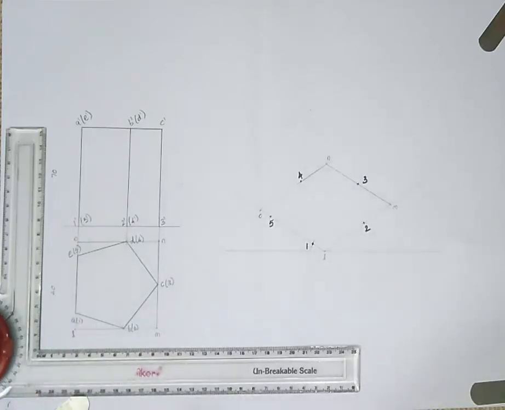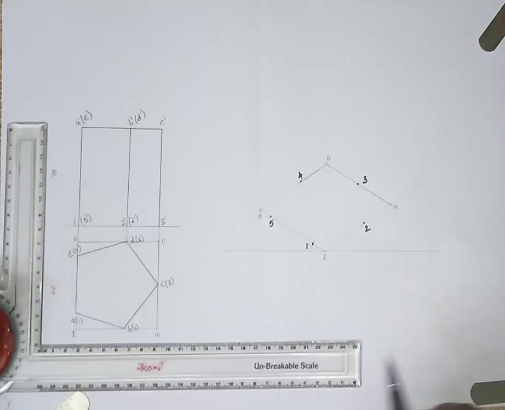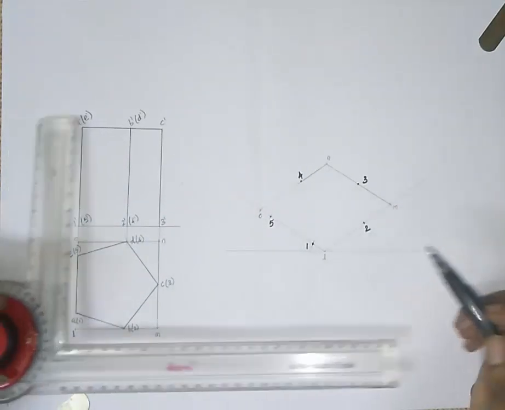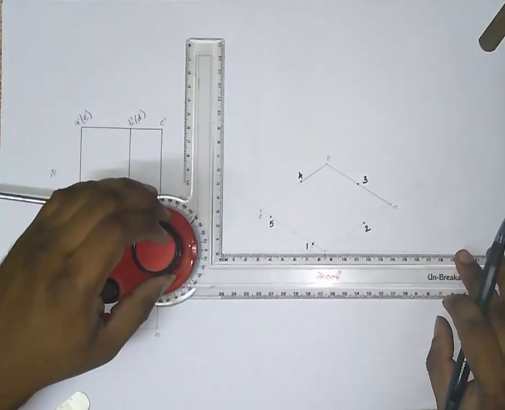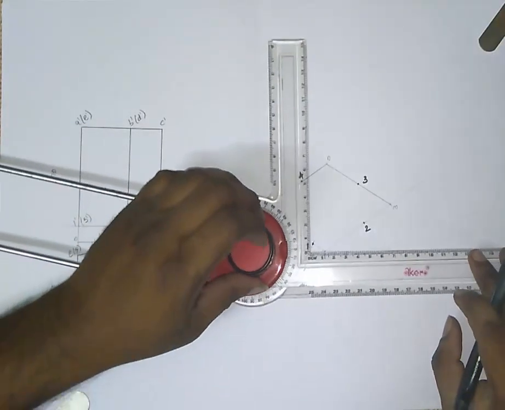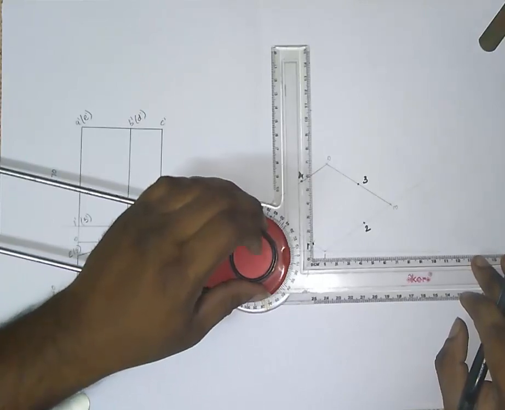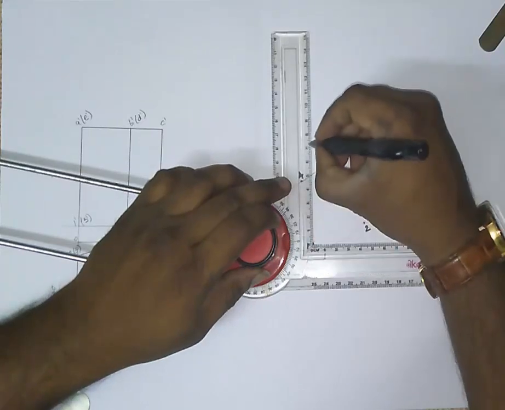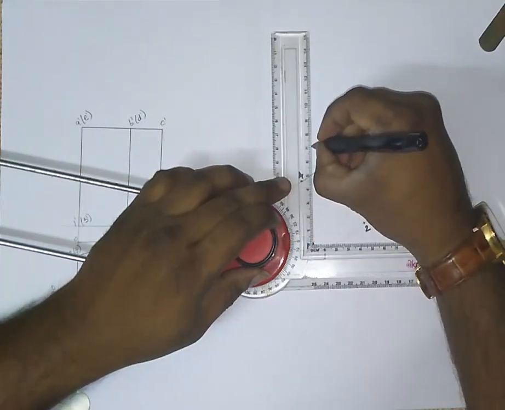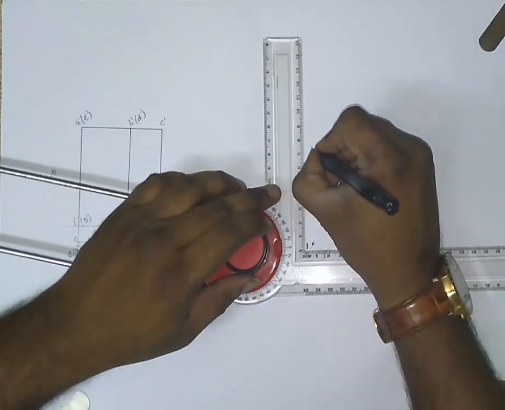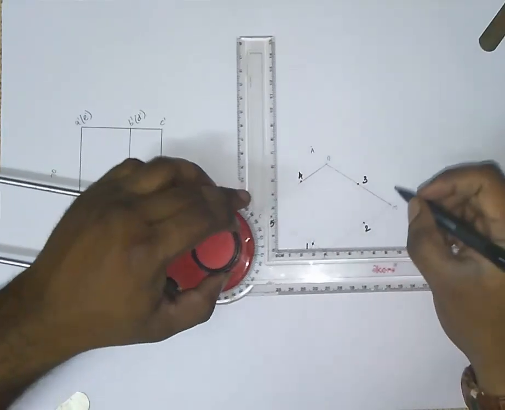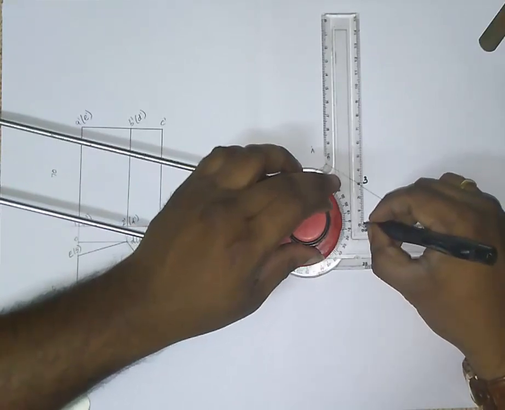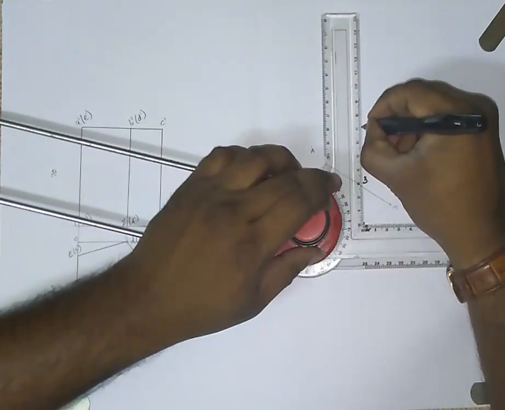So from point 1, this edge has to be transferred here. From point number 1, at a distance of 70 mm, mark this point. This is your point A. Similarly, from point 2, measure 70 mm.